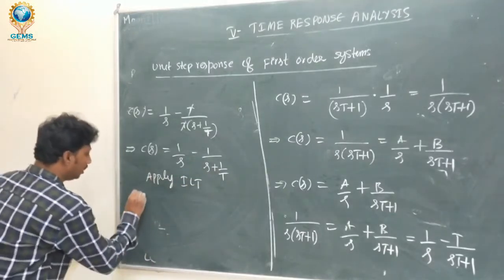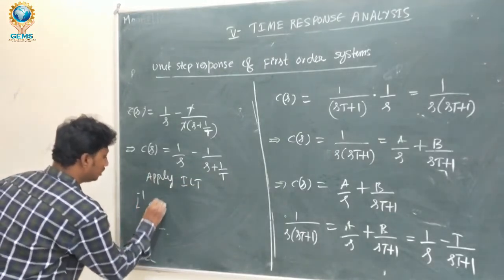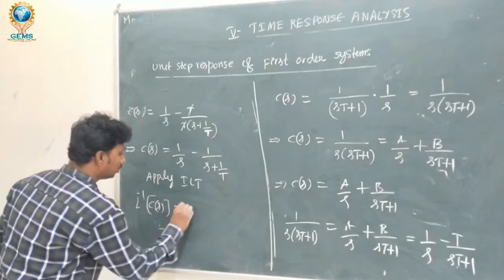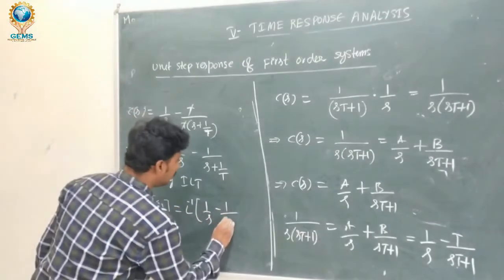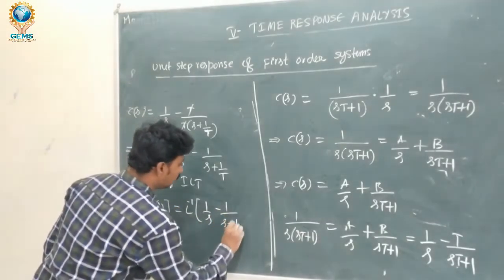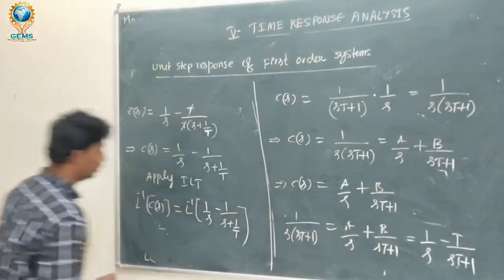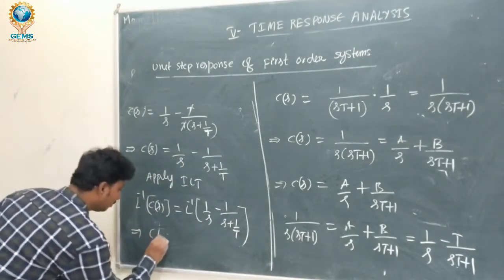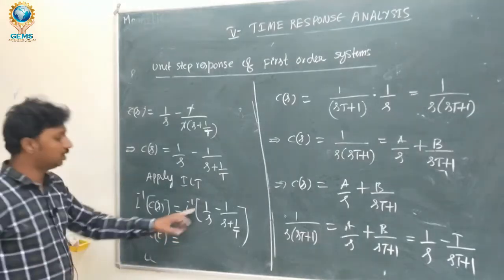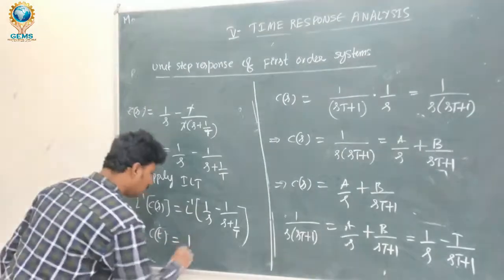So what happens? L inverse of C of S is equal to L inverse of 1 by S minus 1 by S plus 1 by T. L inverse of C of S is equal to C of t. L inverse of 1 by S is 1.